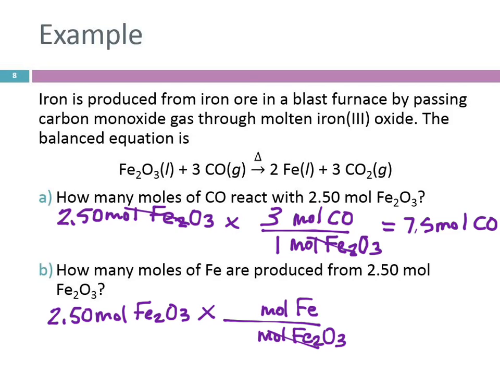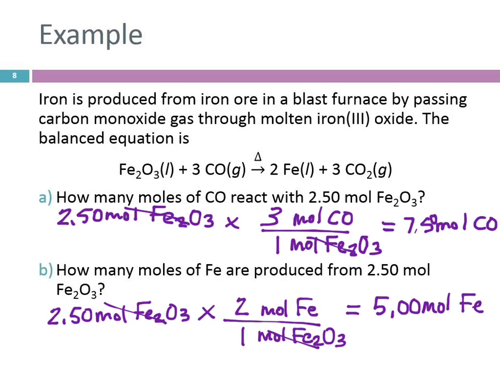So that cancels out. What number goes right here? 2. And what number goes on the bottom? 1. And so we get 5 moles. Oh, I lost a sig fig up there. 5 moles of iron. Should be a 0 in here. Any questions?